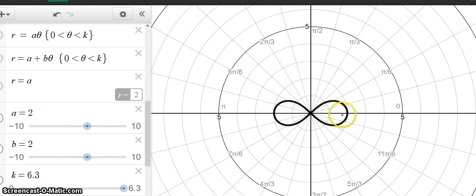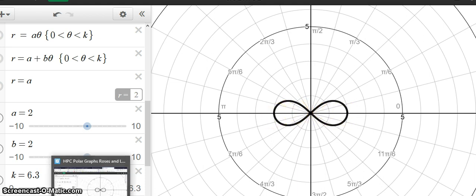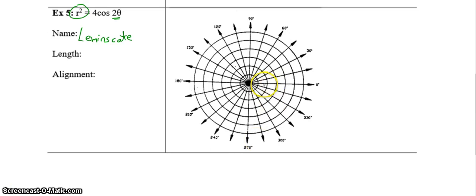We went out 2 in both directions, and they both were on the x-axis. It looks like a figure 8, something like an infinity sign.